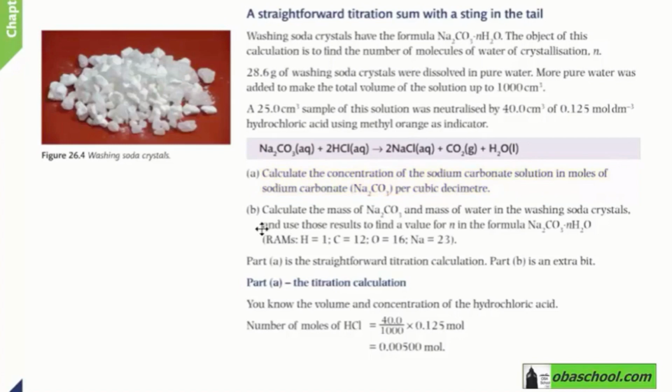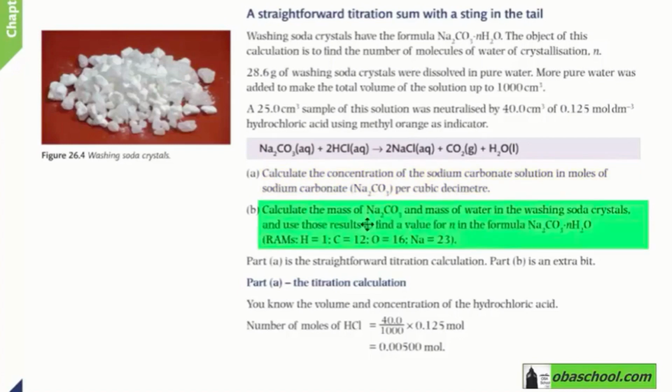And part B is to calculate the mass of sodium carbonate and the mass of water in the washing soda crystals. So first I have to find the mass of sodium carbonate and then the mass of water of crystallization. After obtaining these results, I need to find n, which is found in this formula.